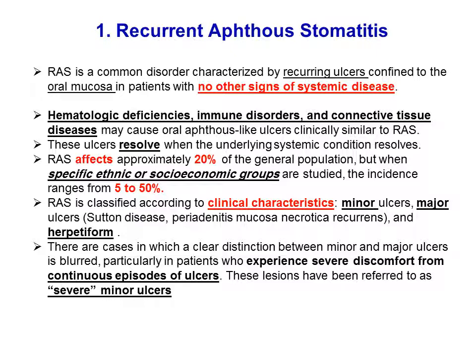Recurrent aphthous stomatitis affects 20% of the general population. Those within a specific ethnic or socioeconomic group may have more than this percentage, up to 50% of patients having this type of stomatitis.